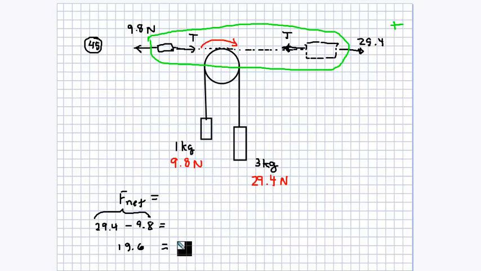Okay, and that must equal the mass times the acceleration of the system. Of course, the mass of the system must be both of those together, 4 kilograms. So now we can figure out the acceleration of the system. Here's the net force of the system. Divide both sides by 4, and we have the acceleration. What's 19.6 divided by 4? It looks like the acceleration must equal 4.9 in this example.